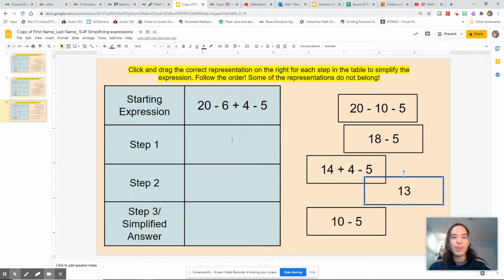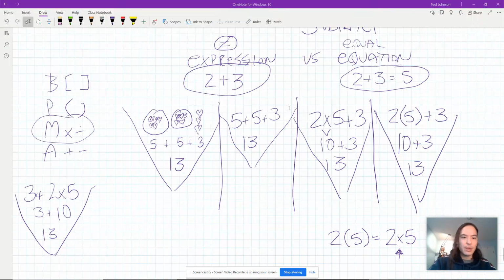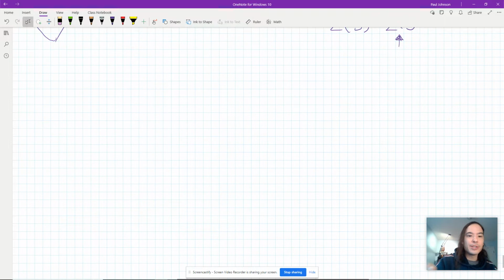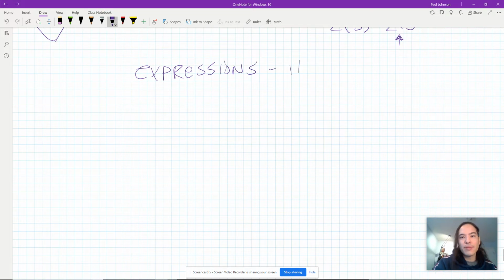So remember, expressions are math problems with no equal sign. Real quick, let's cover that one more time. Expressions versus equations. Expressions have no equal sign.